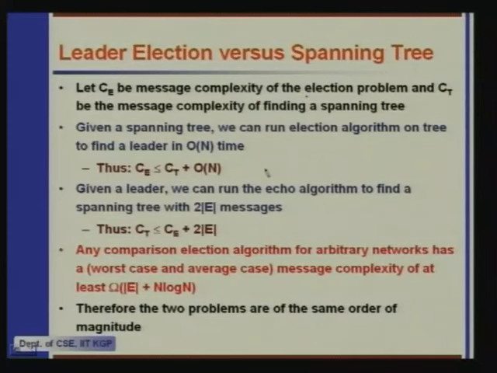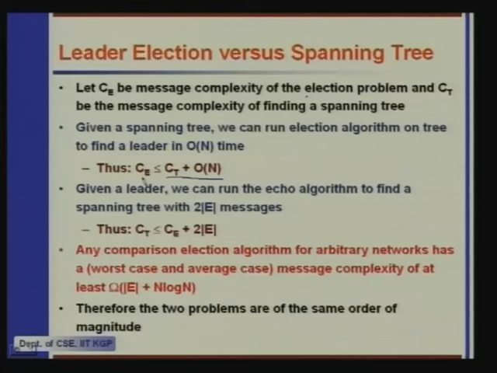So, the total number of messages for election is the number of messages that you spent in constructing the spanning tree plus the order n messages for running the election algorithm on trees. So, you have an algorithm which can give you a leader in CT plus O(n) messages. Therefore, this is an upper bound on the message complexity of the election problem.